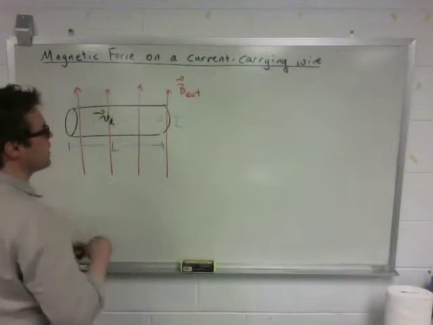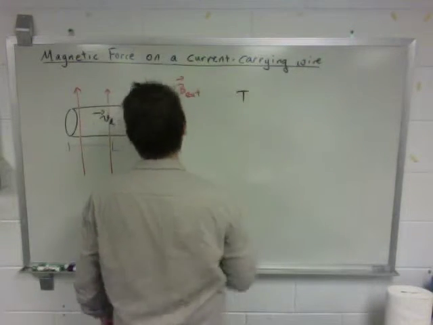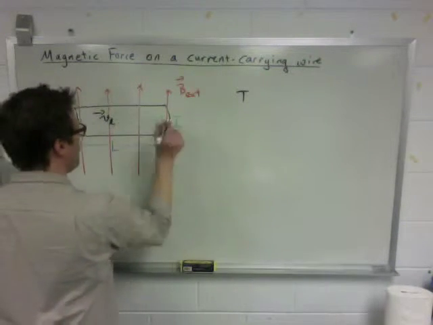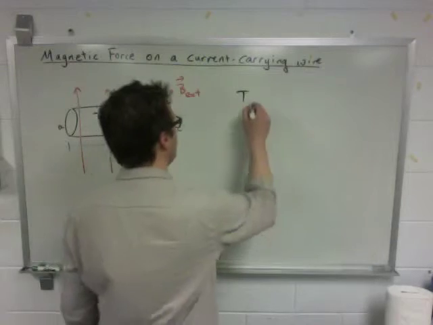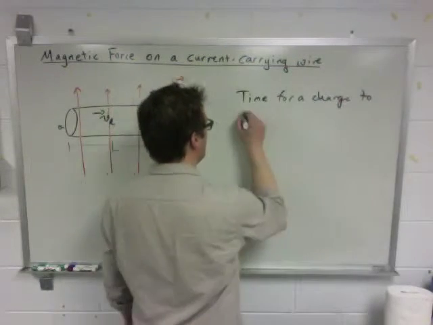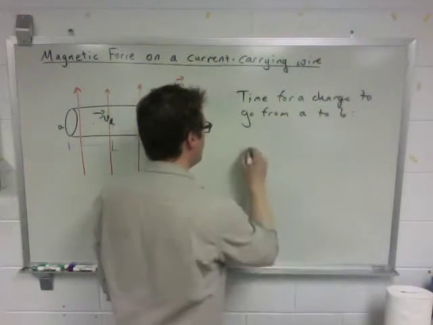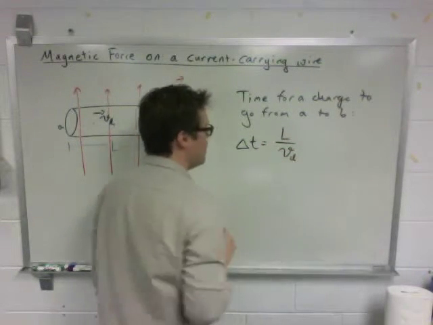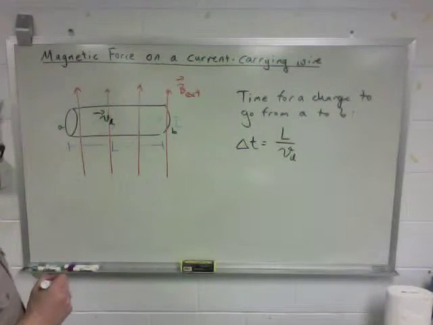So we can first of all calculate the time required for one of these charges to make it from point A, say, to point B down the length of this wire. That time would be the length of the wire divided by this average drift velocity.